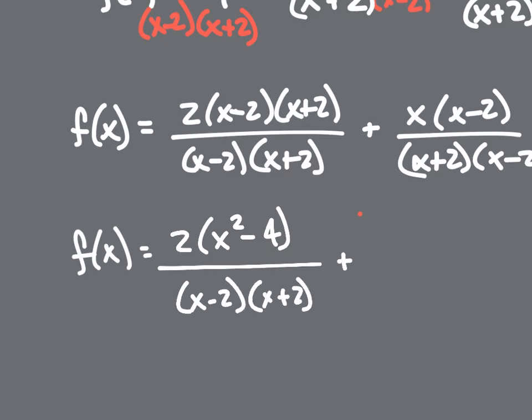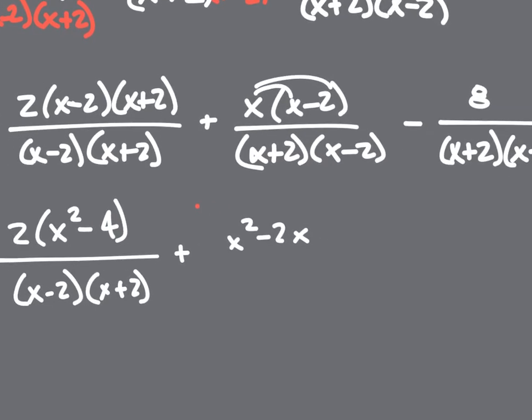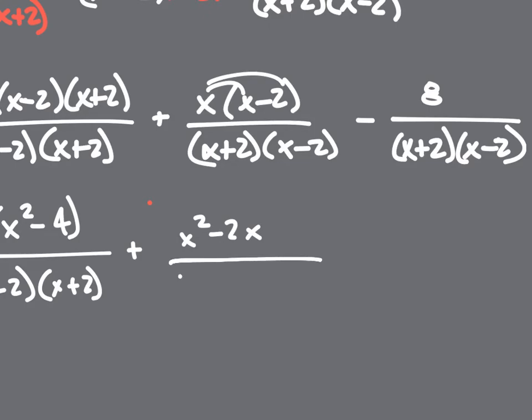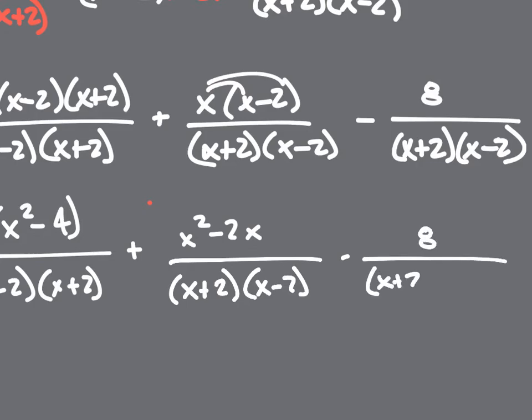Here, I'm going to multiply out my x, so I've got x squared minus 2x. Here, let me put this over my common denominator, and then minus 8 over x plus 2 times x minus 2, okay?